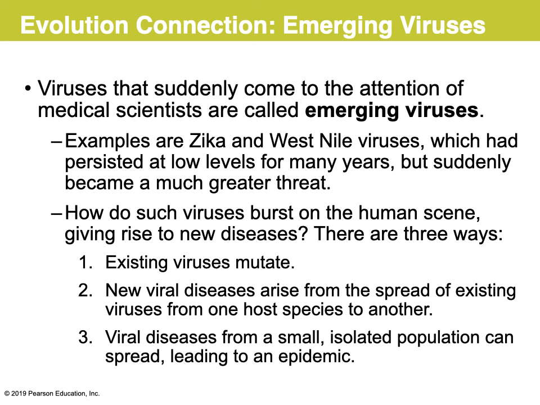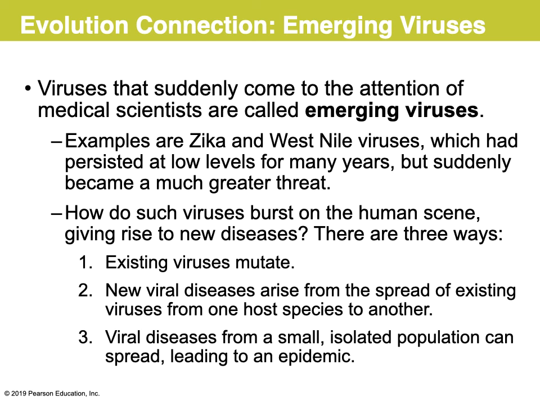Right? Mutations occur in viruses just like they do in other things with genetic material. Or a new viral disease arises from the spread of an existing virus from one host species to another. So when you hear of things like avian flus or swine flus, these are things that are jumping to human hosts instead of their previous normal host.